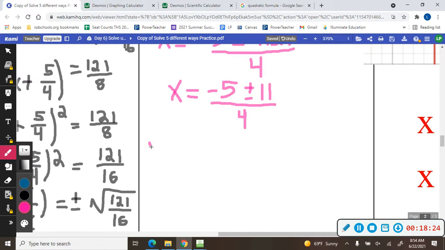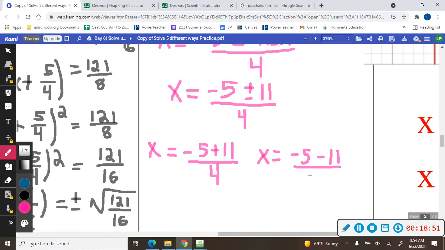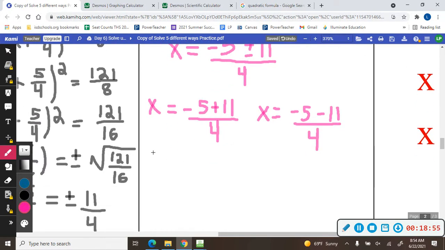So my two solutions. First, I need to take negative 5 plus 11 divided by 4. And my other one will be negative 5 minus 11 divided by 4. Negative 5 plus 11, that's 6.